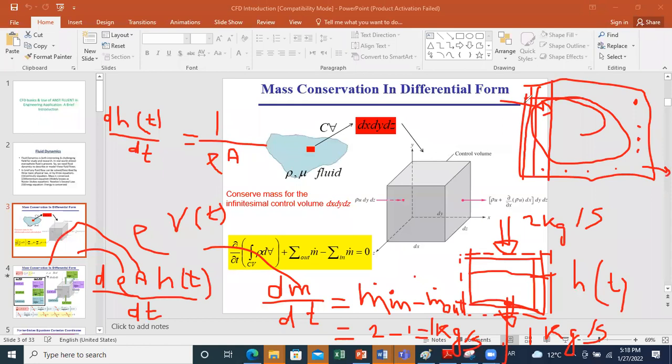You mesh your space, you divide it into small elements, and for each small element, you will write the balance equations. You will write the continuity equation, the momentum equation, the energy equation, and you should solve these equations for the whole domain in order to solve for the temperature field, velocity field, concentration field, etc.